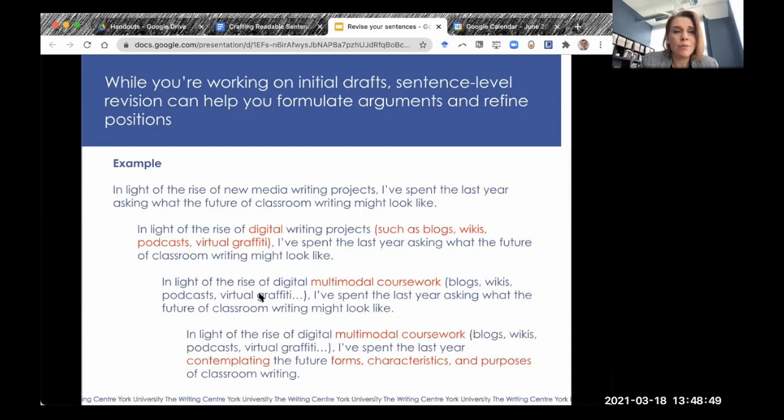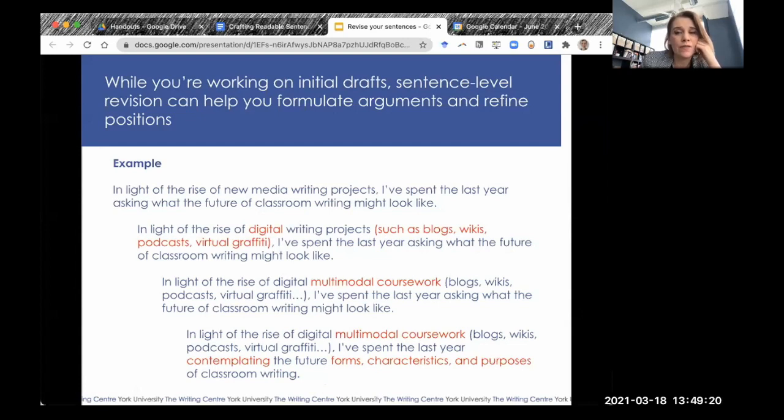I might shift from the use of writing projects, which is my framework, but other people may be more interested in not looking at these as writing, but as multimodal projects, right? So we might sub in that key term, multimodal coursework. And then in terms of what we're interested in regarding the future of writing, we might say that we've been contemplating the future forms, characteristics, and purposes of future classroom writing.